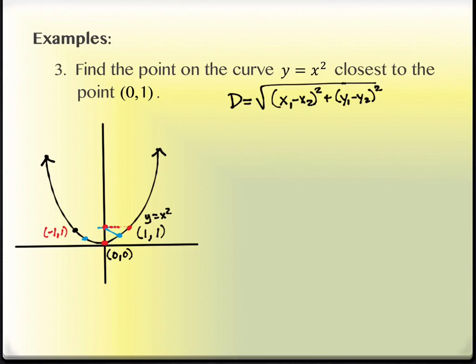So we need to figure out what our values are. Well, this point right here, we know. It's the point (0, 1). So one of my x values is 0, and one of my y values is 1. Make sense? So in terms of this equation, I'll just let that be my second point. This is 0, and this is 1.